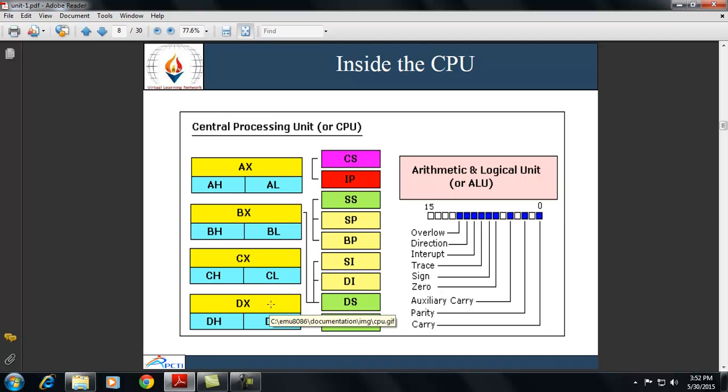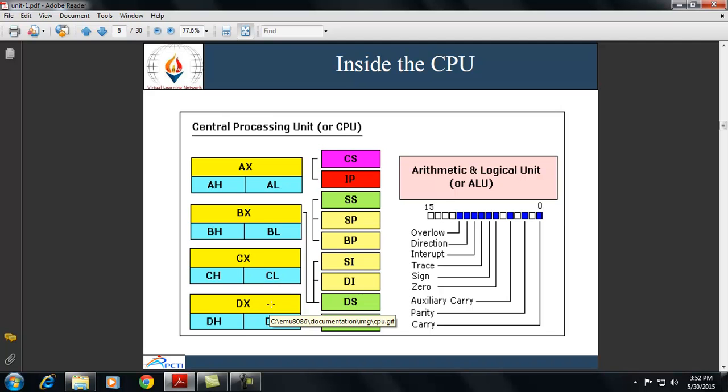If we talk about these 4 registers individually, then AX register is also known as accumulator register. Some of the instructions like division, multiplication, rotation, shifting, etc. require one of the operands to be available in the accumulator. Next is BX, that is base register. It contains the starting base location of the memory region within the data segment.